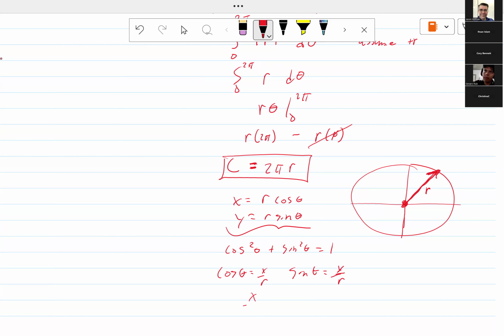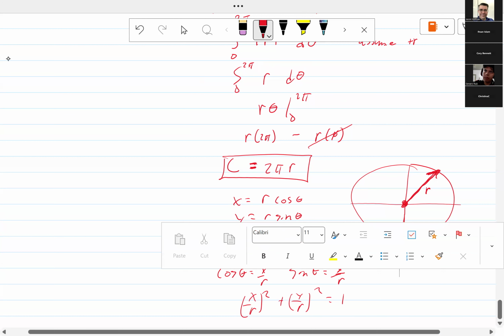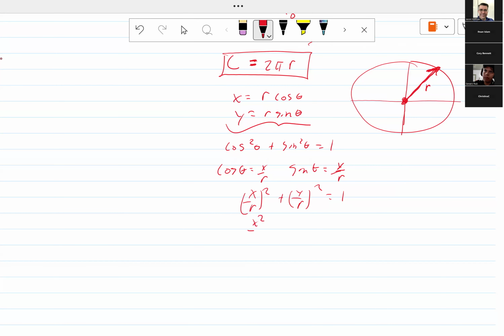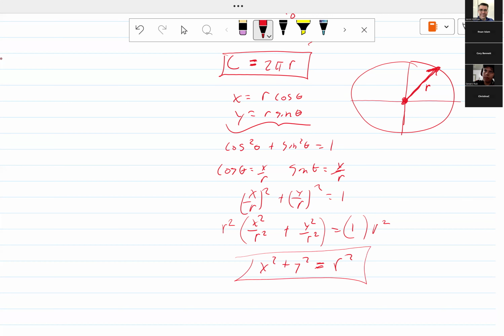And so I get (x over r) squared plus (y over r) squared is equal to 1. Then this becomes x squared over r squared plus y squared over r squared equals 1. Multiply both sides by r squared, and we get x squared plus y squared equals r squared. And what's that the equation of? A circle of radius r centered at 0, 0.